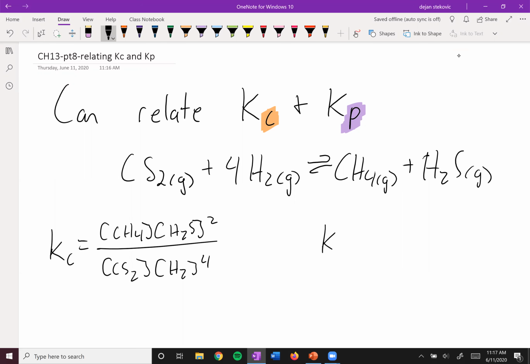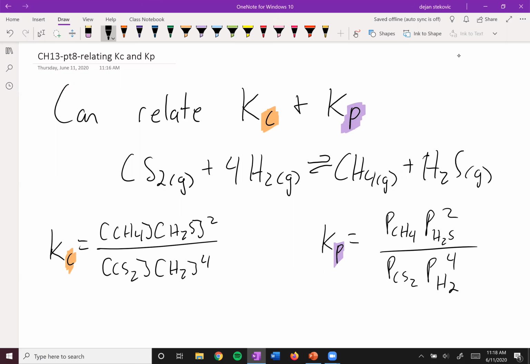And then we can write a Kp as well. Here we're talking about concentration, and here we're talking about partial pressure. So the partial pressure of CH4 times the partial pressure of H2S squared over the partial pressure of CS2 times the partial pressure of H2 to the fourth.